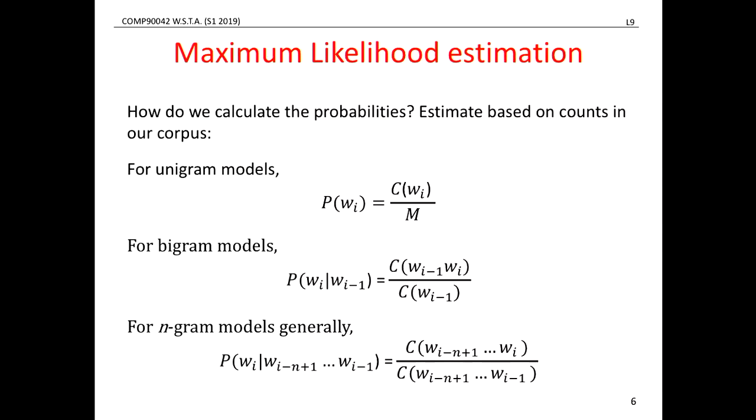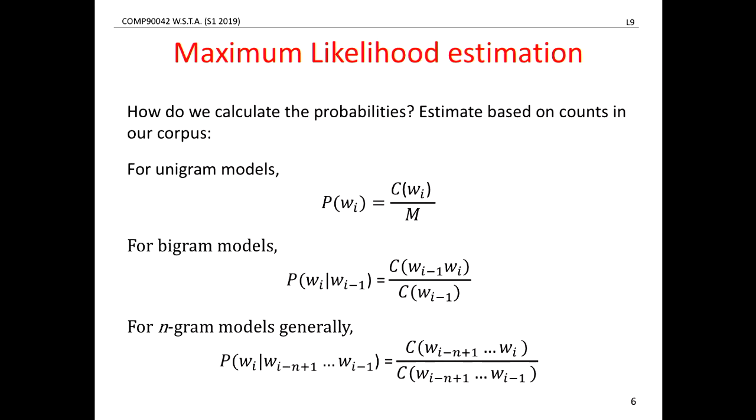Well, this is not something that's part of the course, but if you look at, say, a statistical machine learning subject or various subjects in stats, you look at how to derive one of these things, you end up with a fairly simple solution. And what you see is that the probabilities for unigram models are just basically the counts of how many times you've seen each word divided by the total number of words you've seen.